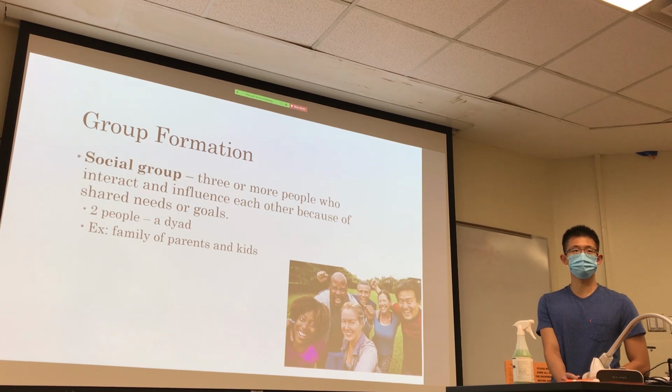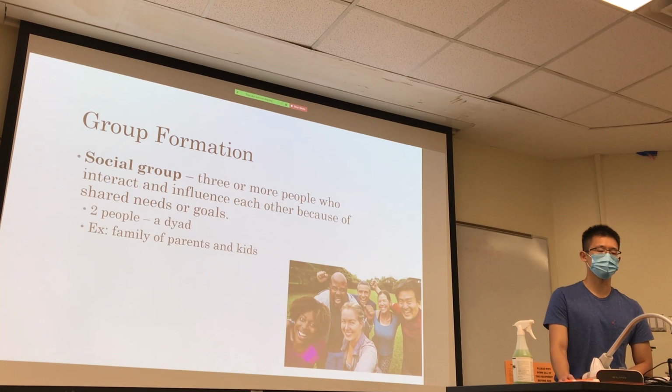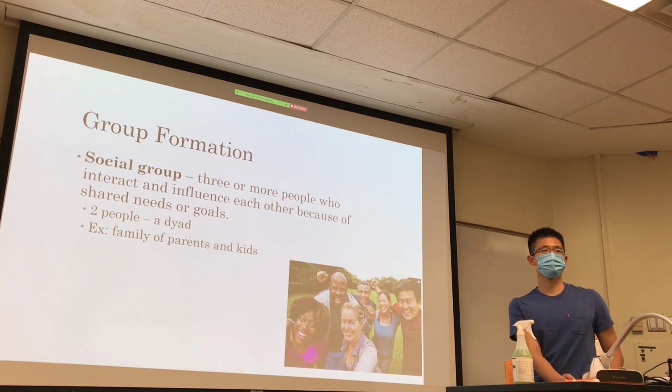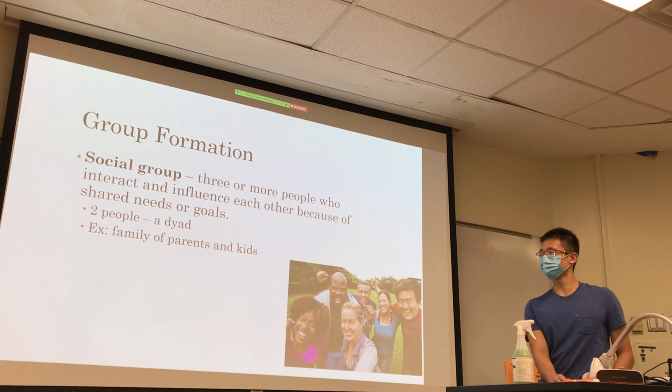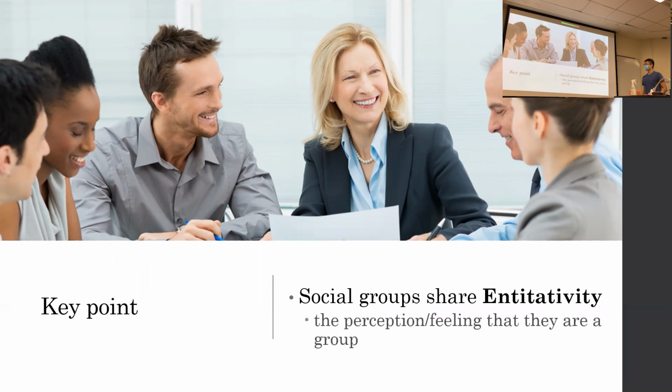Sports team. Okay. Yeah, very good. Anything else? There should be a lot. Aggies. Yeah. Okay, all right. So the key point to know is that social groups share entitativity, which is the perception or feeling that they are in a group.